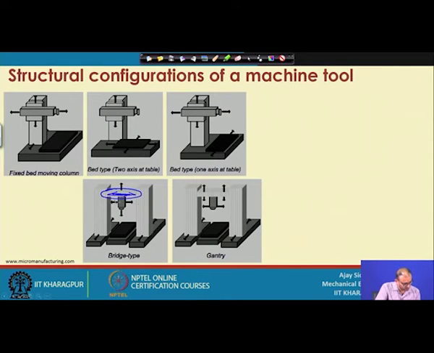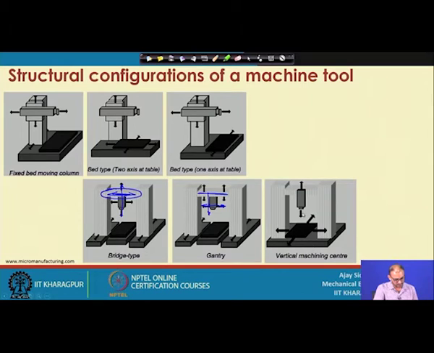So, it moves in the x direction on this bridge, and then it moves in the z direction. But here your tool is capable of moving in the x direction only, and this whole bridge will move in the z direction. So, this is another configuration of the machining structure, and there is still no connection of all the axes with the workpiece.